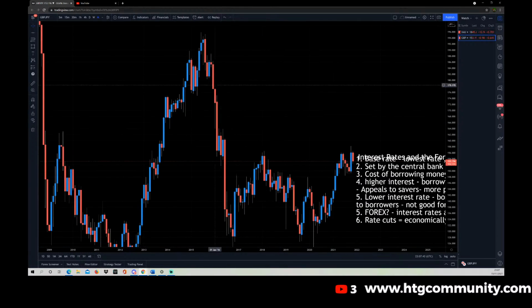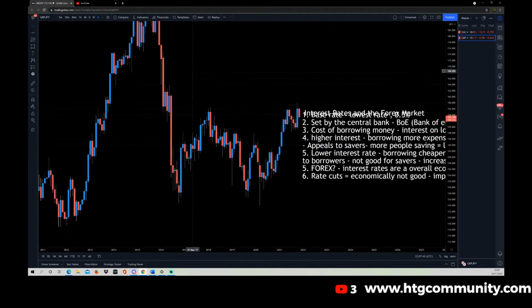If we go back to when there was the pandemic, when obviously COVID came along, what we can see is that we had this big drop over here on the exchange of GBP JPY, right?